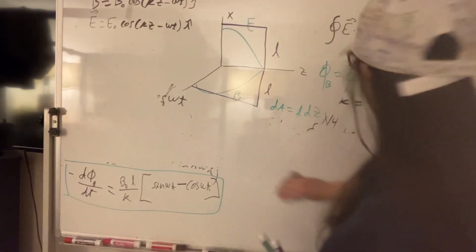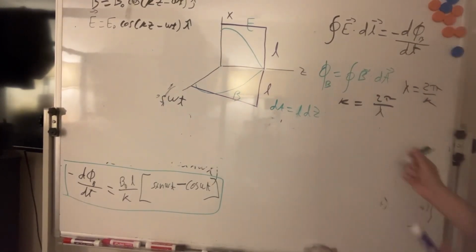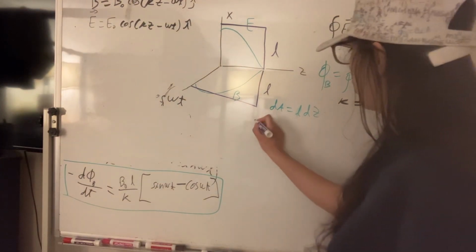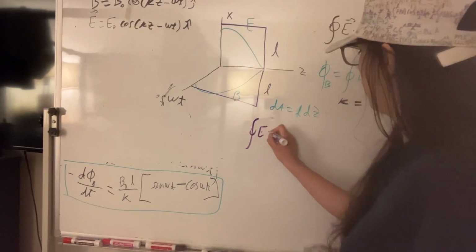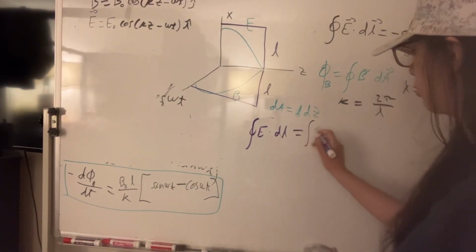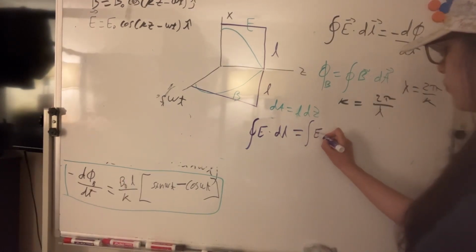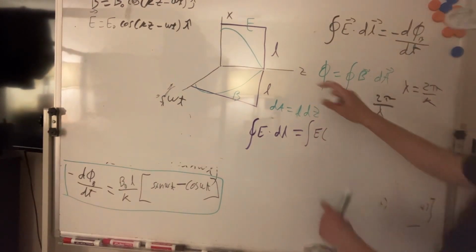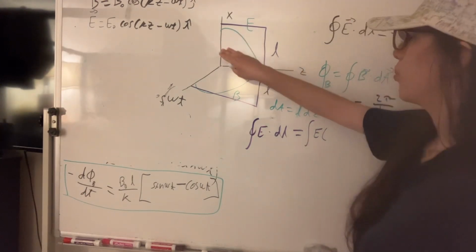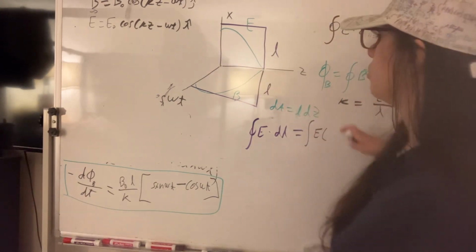Now we need to find the closed loop integral of E dot dl. The closed loop integral of E dot dl is the same as the integral of E here, because E is just propagating in the x direction, or the i direction.